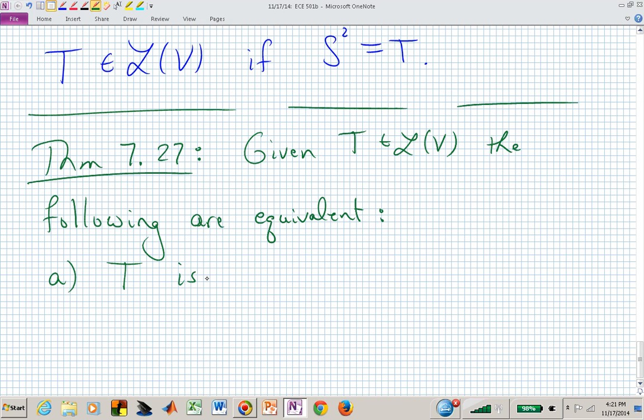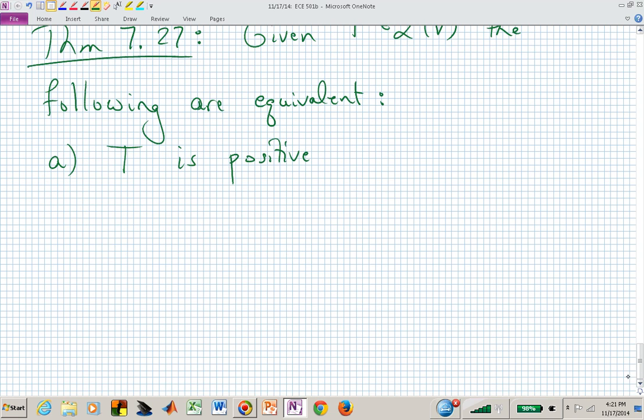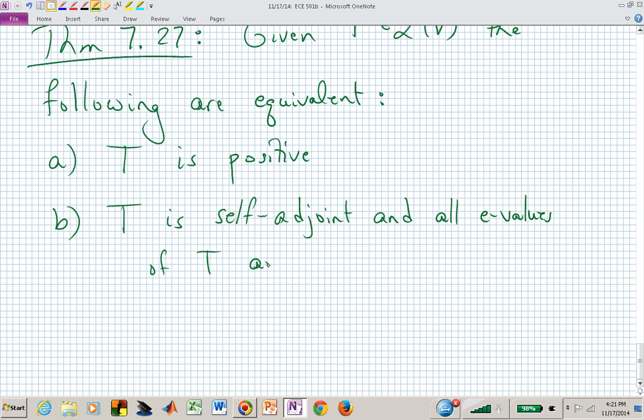The linear operator T is positive. That's the same as T being self-adjoint and all of its eigenvalues are non-negative.